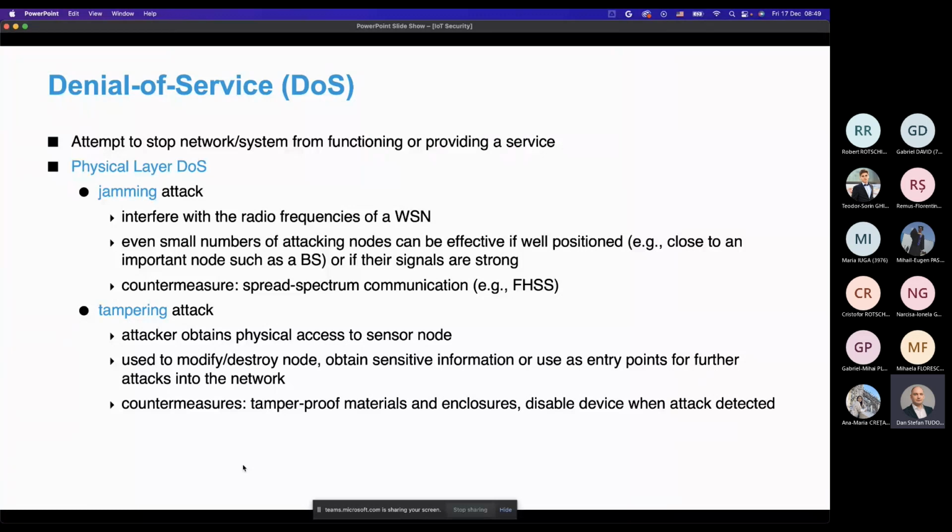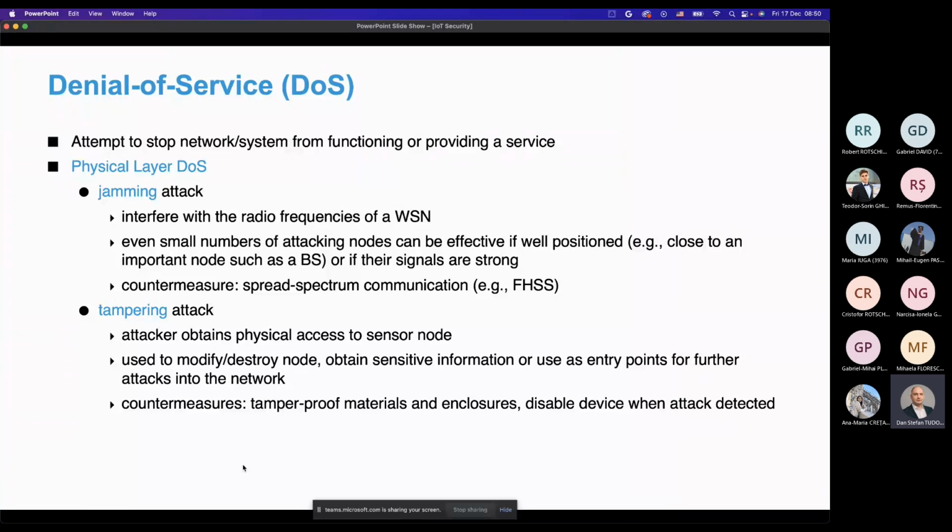It all comes down to how you deploy your network and how you position these nodes inside of it.